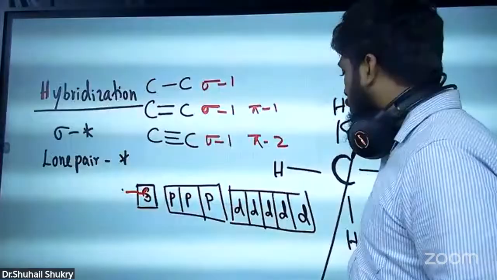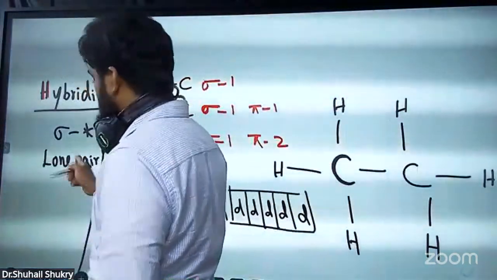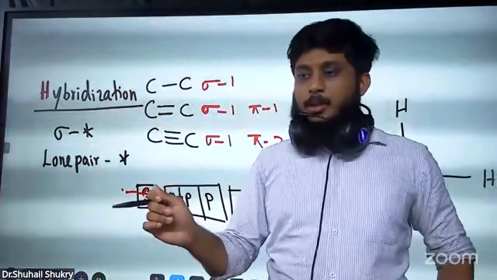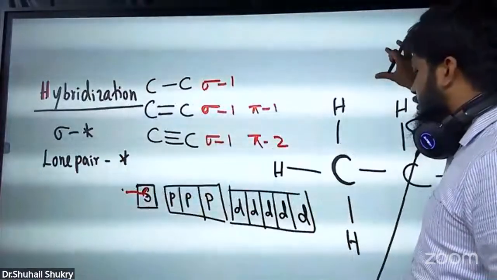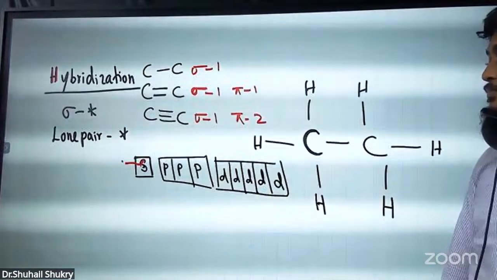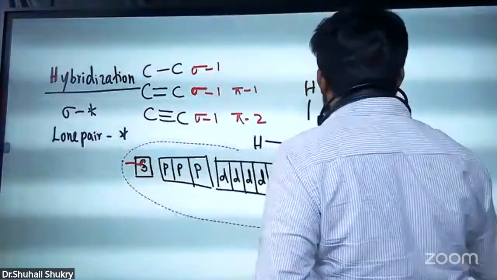For example, now I will draw certain things and I will show the hybridization of these things. For the students who came today, if you want to note anything related to this, you can note it down. No need to mark these things at the moment.